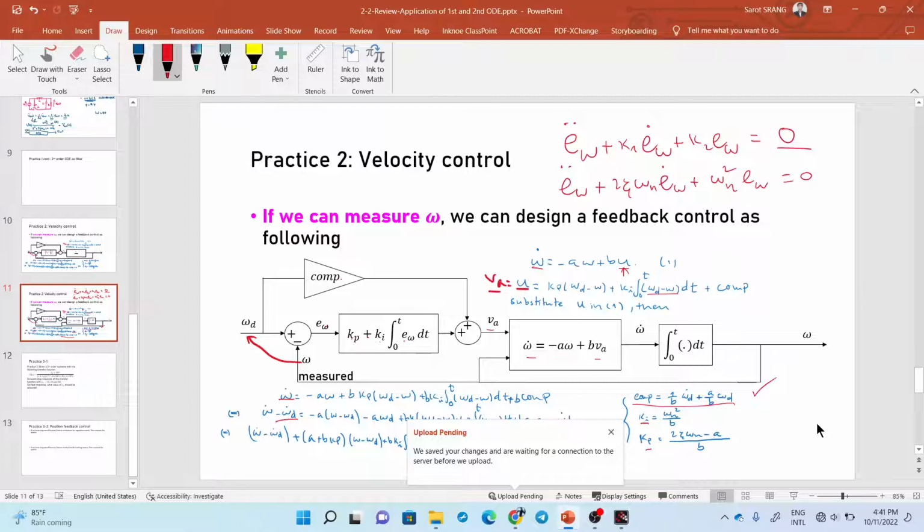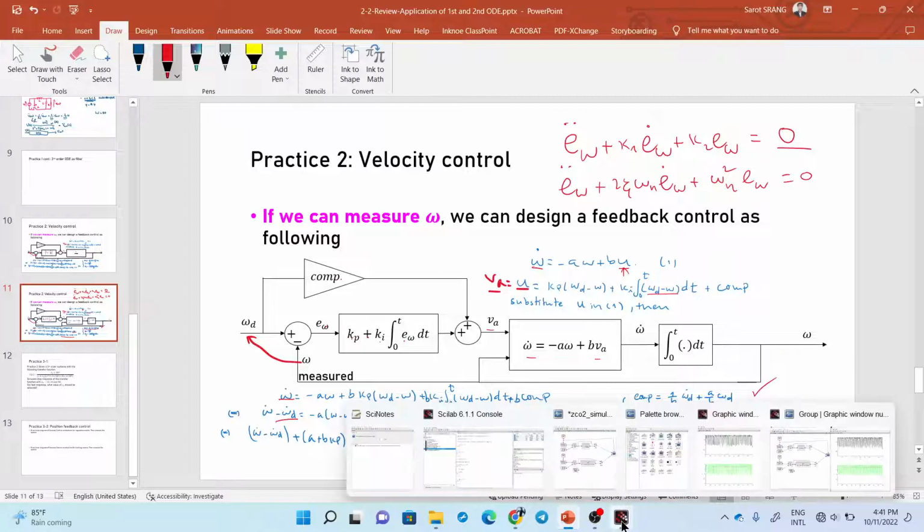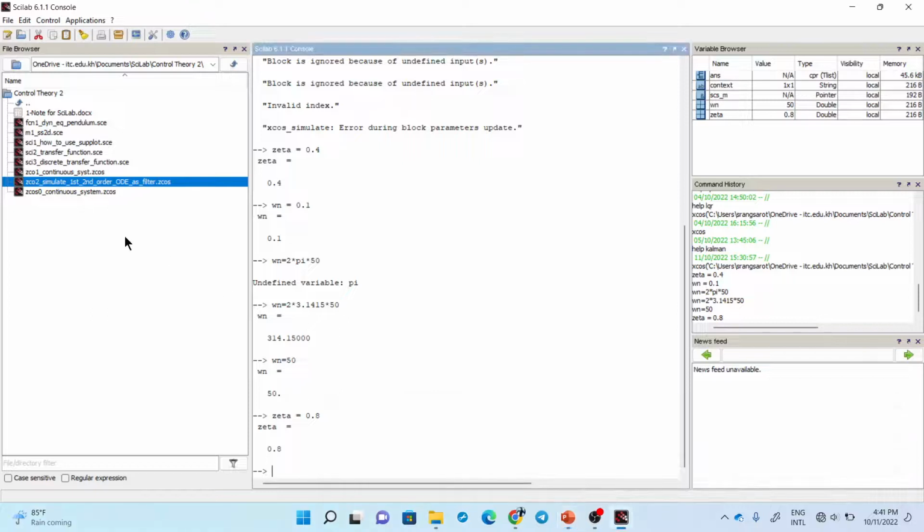Now we can build a control system for this architecture in ITC-DCLab. It's going to be quick. I think I already have, I guess, velocity control, continuous system. I hope I have it. No, I don't have it yet.